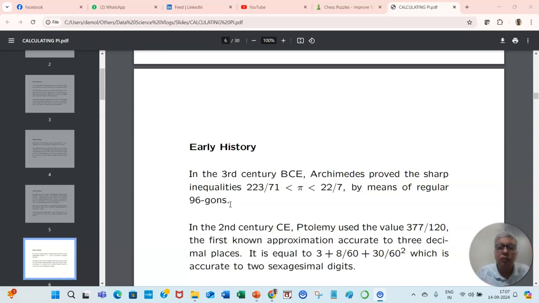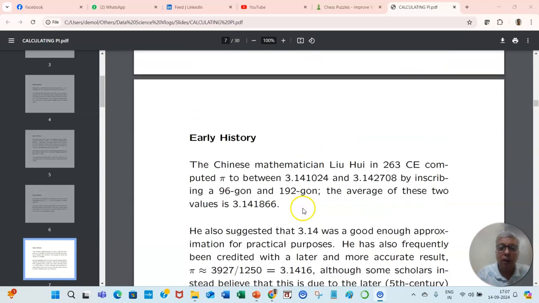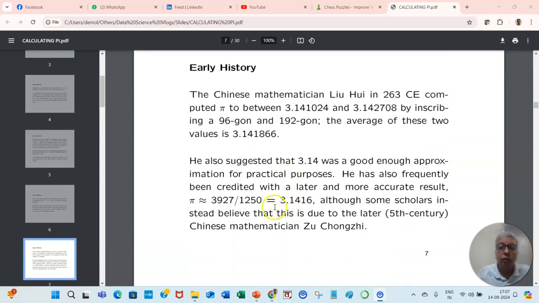Archimedes in the 3rd century BC proved that pi lies between the two approximations 223 by 71 and 22 by 7, and this was proved using a regular 96-gon. Chinese mathematicians used a 96-gon and 192-gon to find the value 3.141866, which is close to the true value.